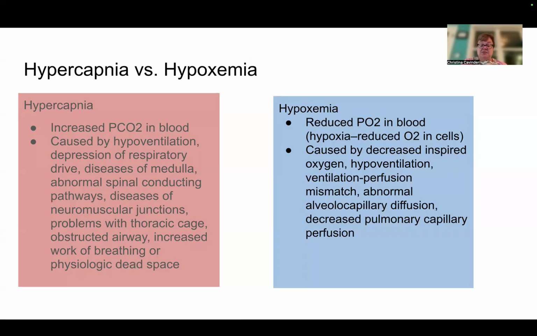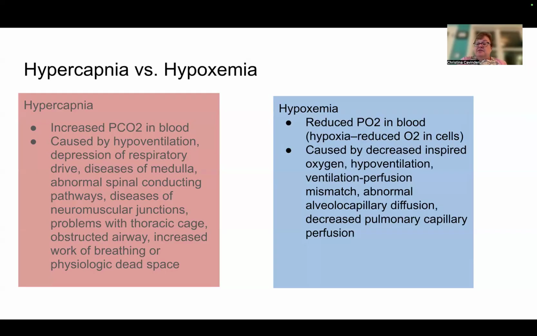Physiologic dead space means that the breath you're getting in has too much of a pathway to travel, so it loses its oomph by the time it gets down there. We see this a lot with patients on endotracheal tubes. If you have an endotracheal tube that is too long, then they call that the dead space, and the breath loses its oomph before it gets down to the lungs.